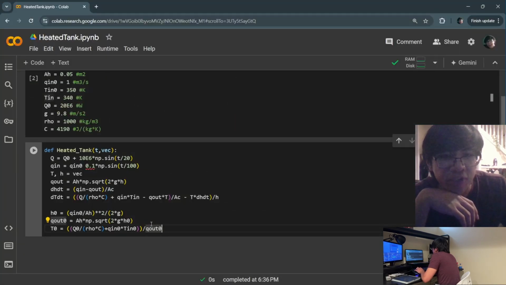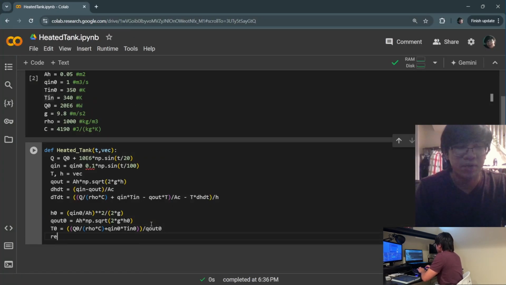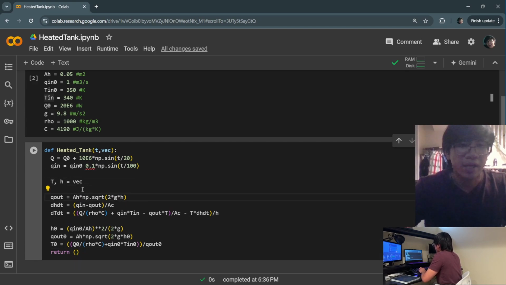Just double checking here. The N, Q over rho. Right, so now we want to actually return our values. Make sure when we return our values that we match the order the vector components were listed in, which was, right here, our temperature first, and then our height.